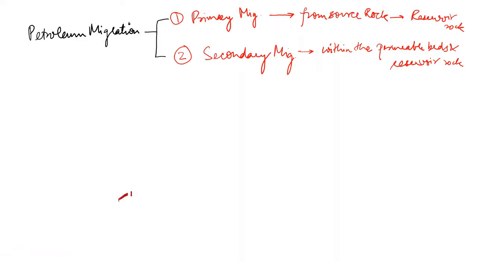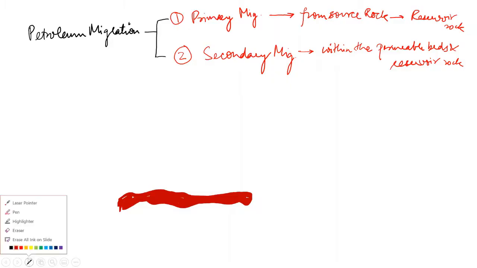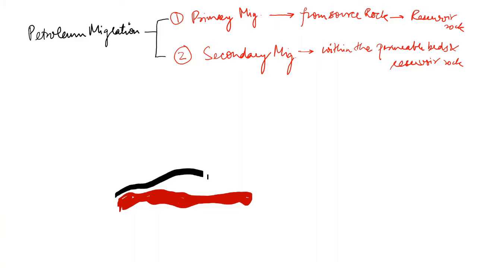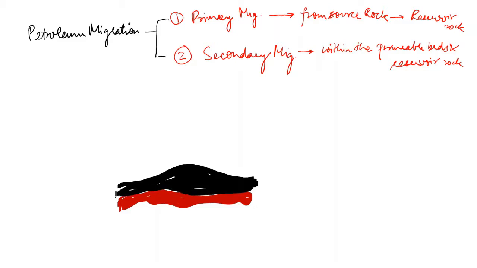Let us say that this is a bed which is the source rock, and this bed is overlain by another bed which is a carrier bed or a permeable bed. So let us say that the brown colored one is the source rock, or we can name it as shale.